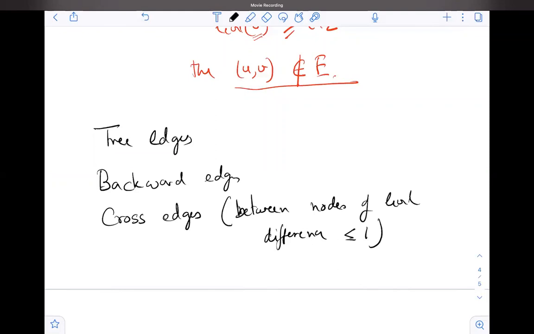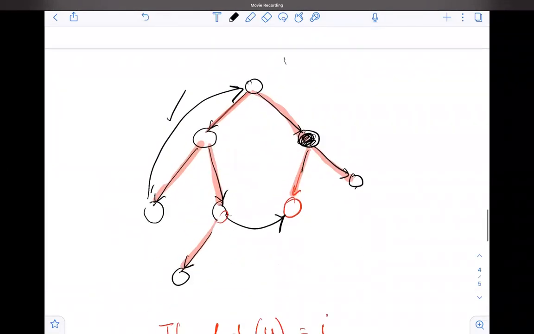Sir, but there are further restrictions as well, right? Yes, you can put some more restrictions. For instance, there cannot be an edge like this.